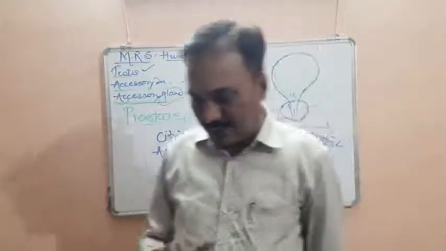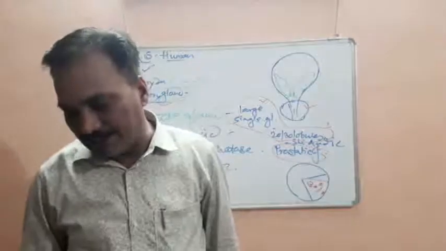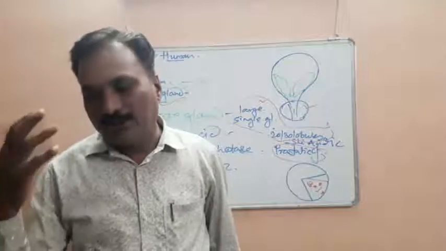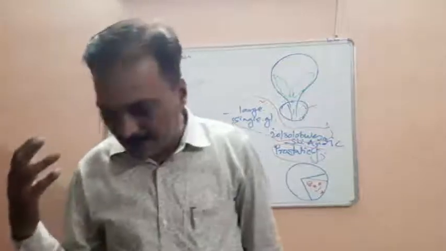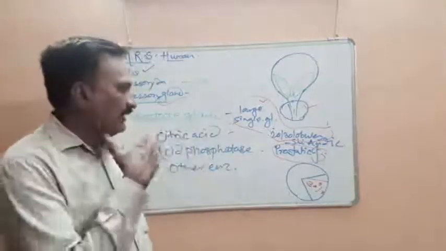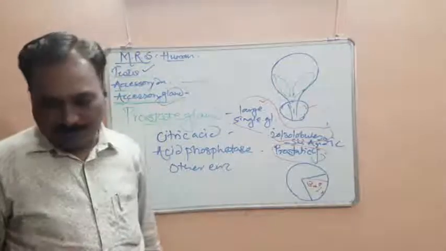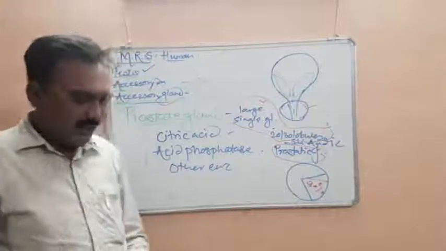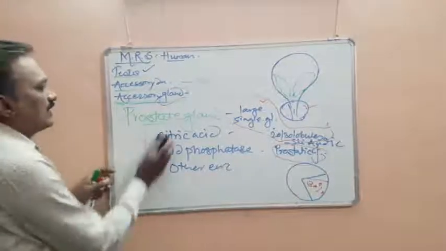The question asked there, what is the role of the prostaglandins? The role of the prostaglandins we have discussed in the seminal vesicles, and in the seminal vesicle we know the function of the prostaglandins.